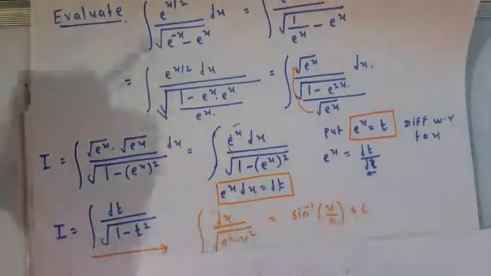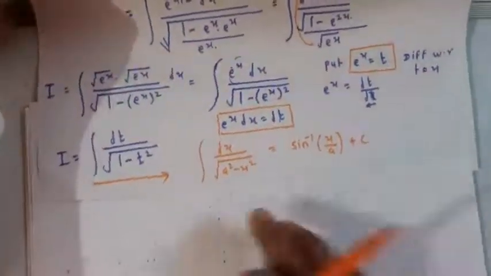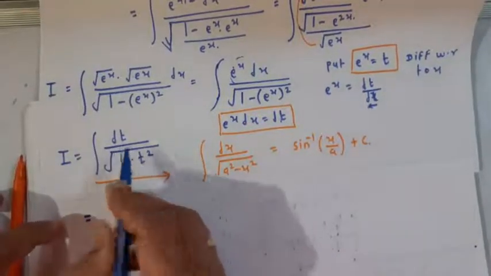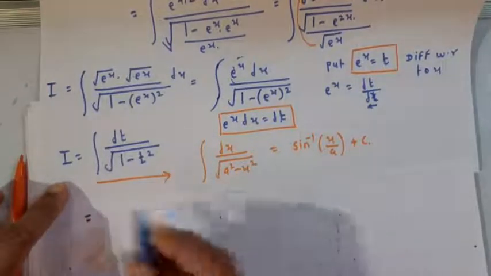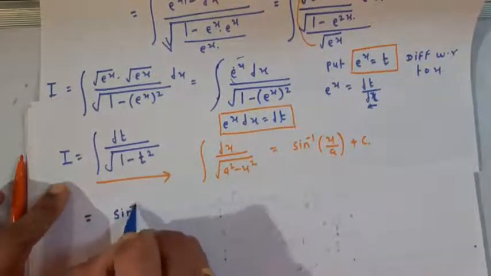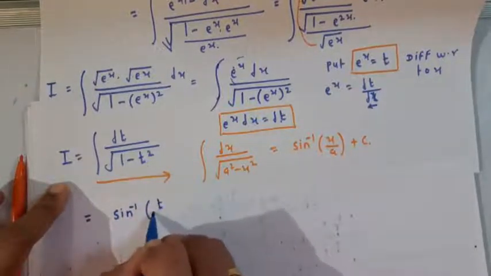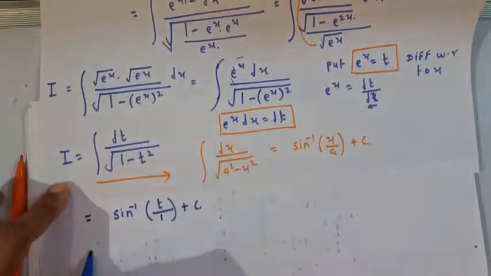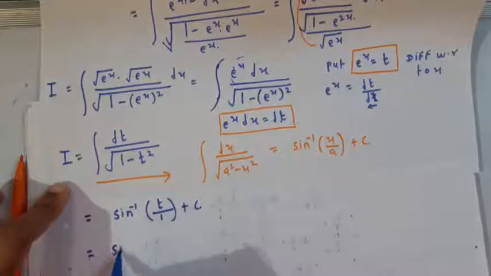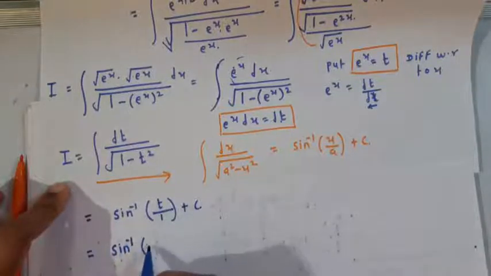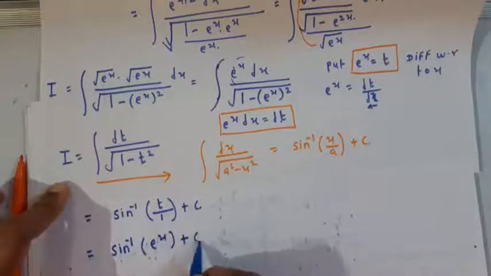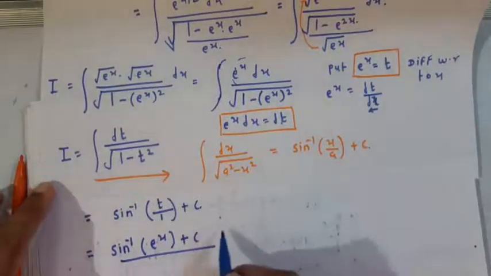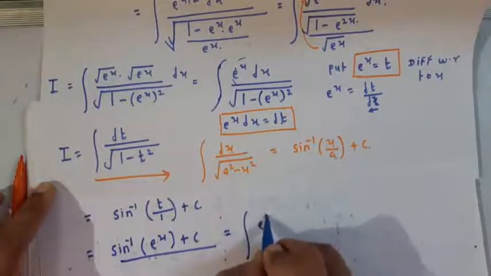Here the integration of dt upon square root of 1 minus t square is of this form, and the integration is sine inverse of t upon a, where the value of a is 1, that is t by 1, plus constant of integration c. Hence resubstitute the value of t, and that is sine inverse of e raised to x plus constant of integration c, and this is the integration of e raised to x by 2 upon square root of e raised to minus x minus e raised to x.